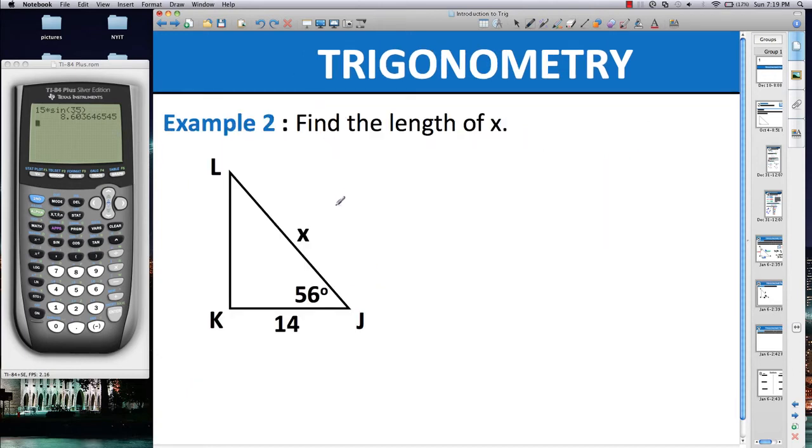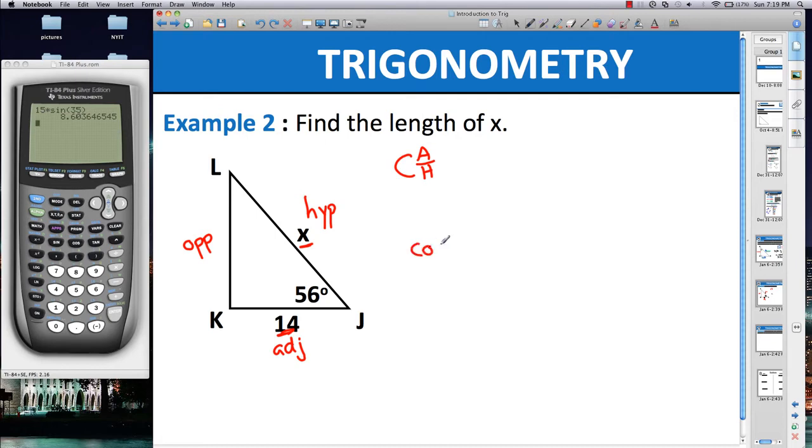Looking at this next example, it says find the measure of x. So in relation to this angle here, we have the hypotenuse, the adjacent side, and the opposite side. We are dealing with adjacent and hypotenuse, so that's going to be cosine.